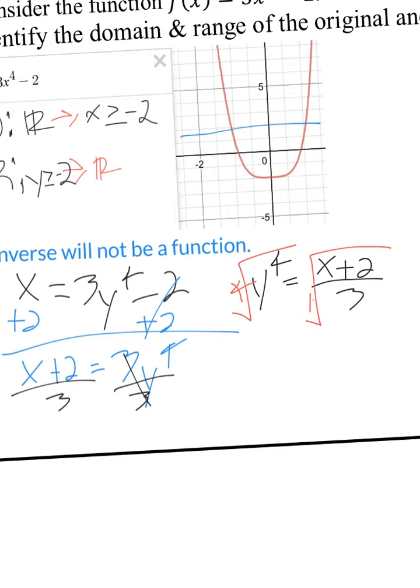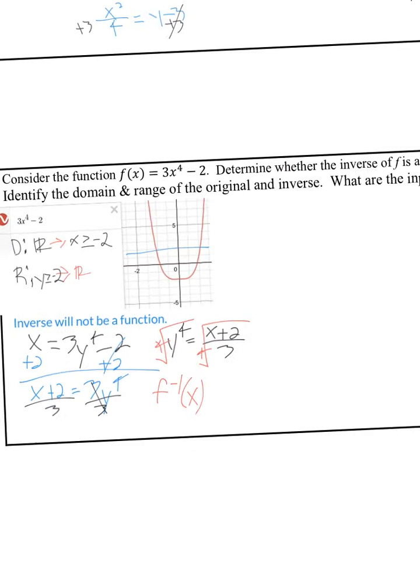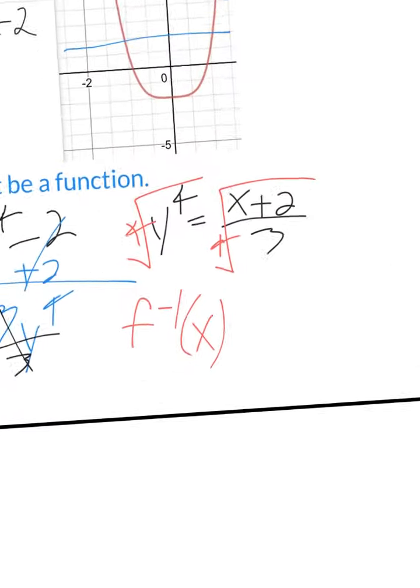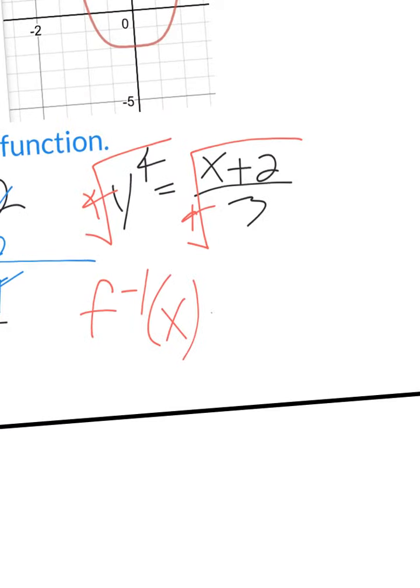Anytime you have an even root, you put a plus or minus, unless it says like x is greater than or equal to 0 or less than or equal to 0. But if you go back and look at the original, it doesn't say anywhere about x being greater than or equal to 0 or less than it. So I'm going to write plus or minus the fourth root of x plus 2 over 3.